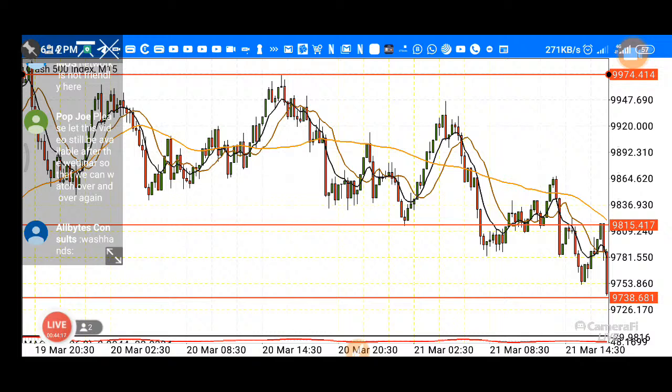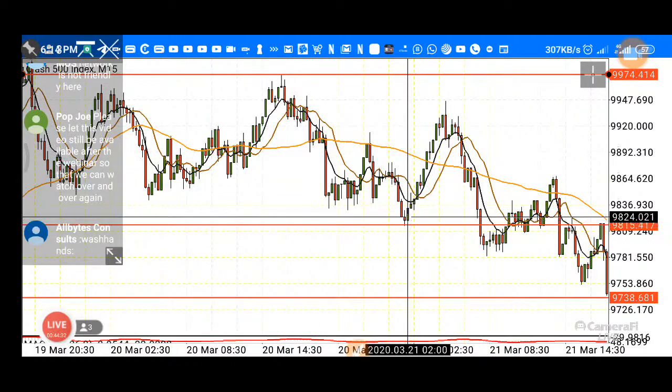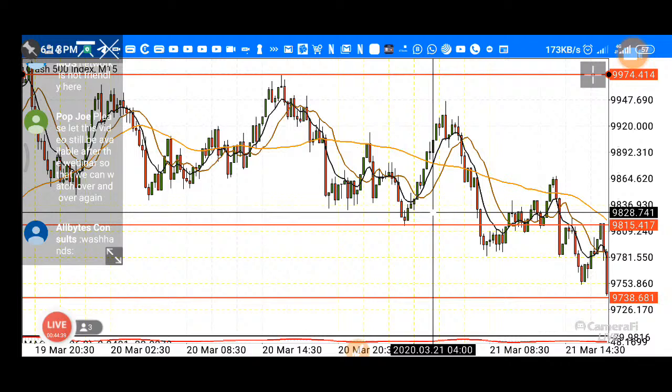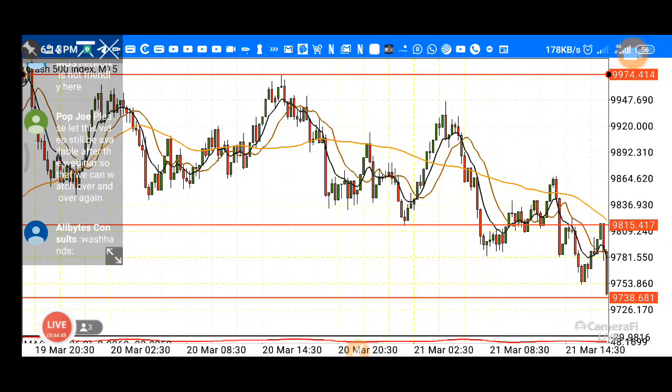It broke this level. Let me calculate the pips we've gathered here now. We entered on this level, so our TP was there. Okay, so that's 36 pips. That's a good one.